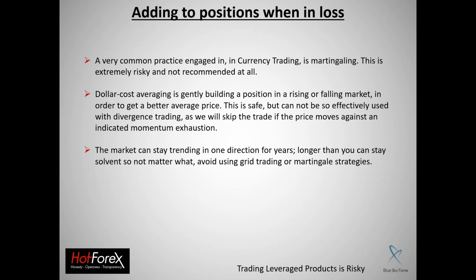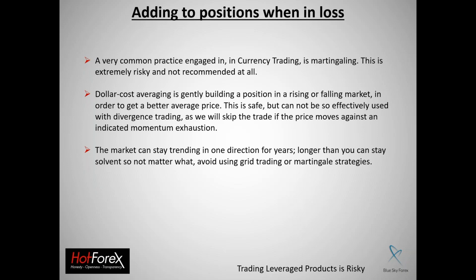So you're still risking the same amount of money, but you have got a better average entry price for this trade sequence. So now if the trade eventually reverses and goes in your desired direction, you will have earned a bit more profit than you would have earned with only a single trade with a lot size of 1.